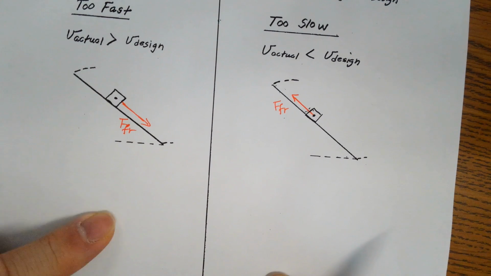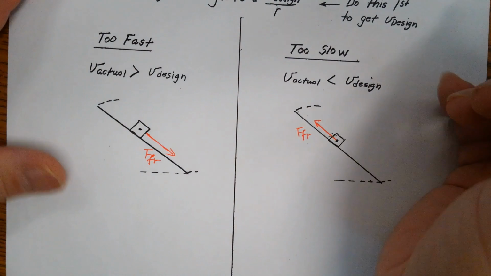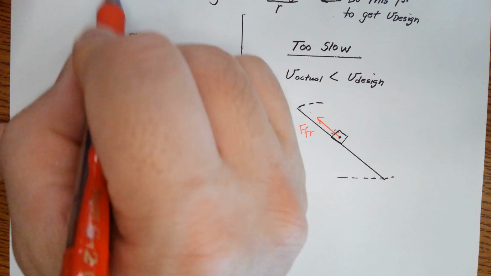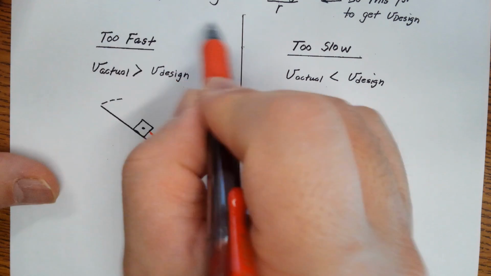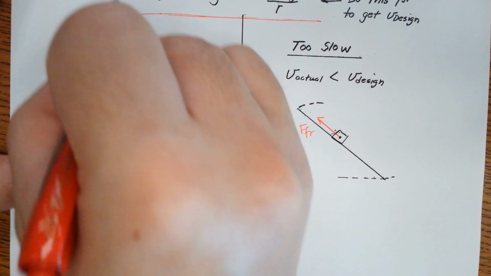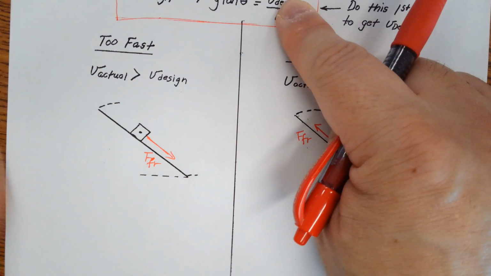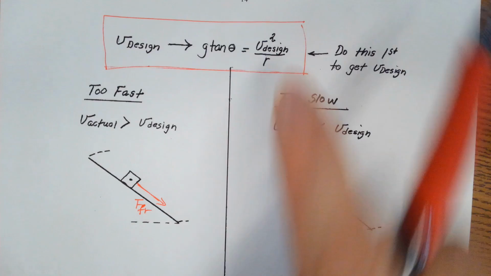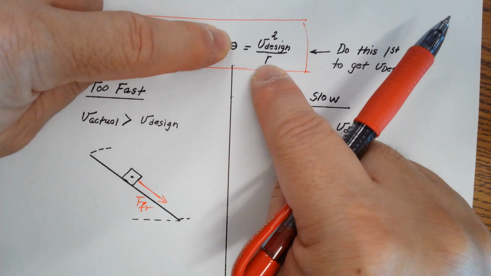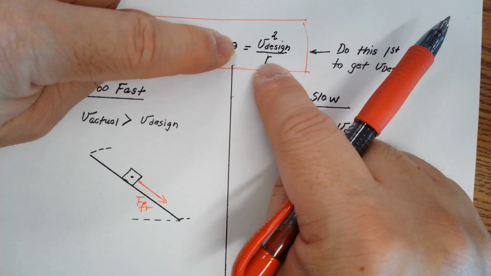Practice deriving it, because most likely you'll be quizzed on this. Always derive what the safe speed, the design speed, should be, given the angle and the radius of the turn.